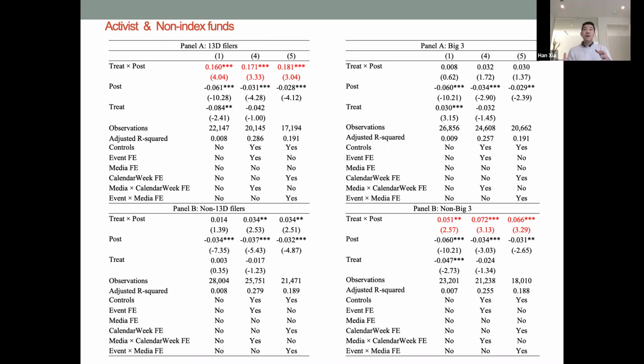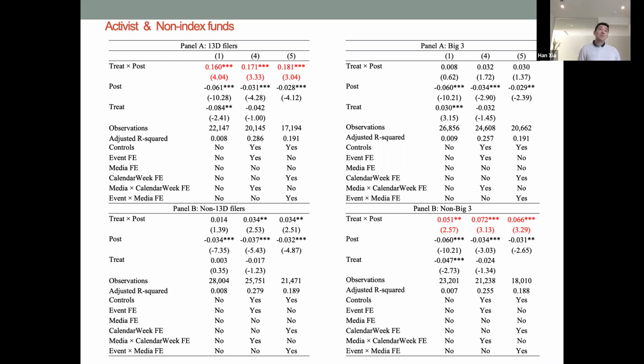The first way is to look at whether they are activist institutions, in other words, whether they file 13D. And we see from the left side of the slides that indeed our results are mostly from the ones that file 13D and the ones that are most active. And on the right side, we're doing this in a slightly different way, but following the same intuition.